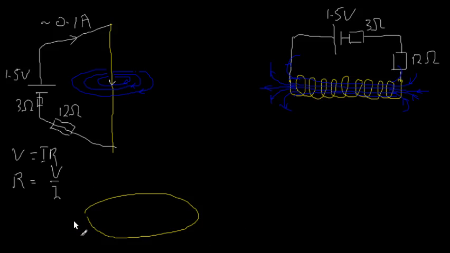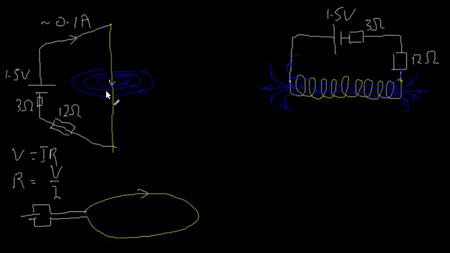I'm just going to bend it around, and it's still connected to a battery that gives it the current. So there's still a battery, there's still a current going through here.